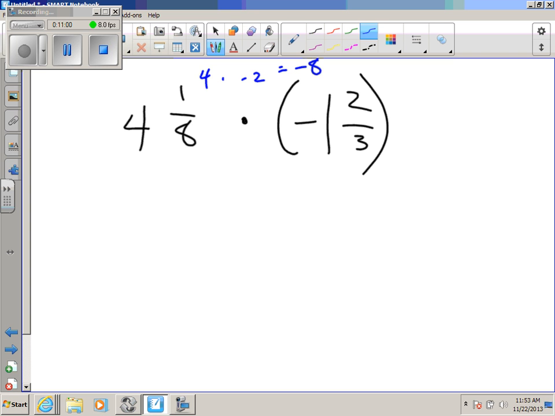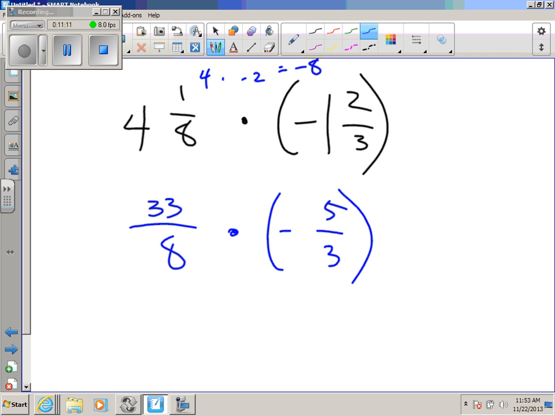Positive times negative. So now we go through and we put everything in fraction form. 33 over 8 times a negative 5/3. Okay. So again, I'll look diagonally. 33 and 3 both have 3 in common.